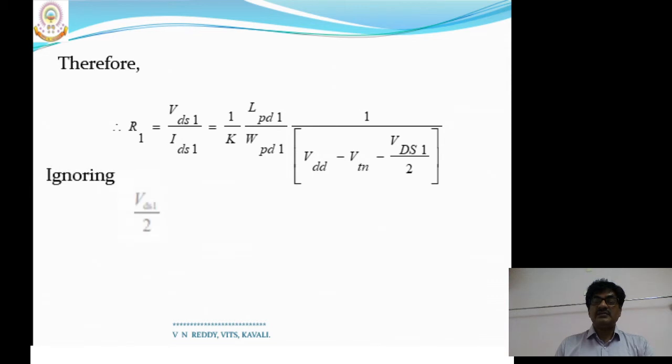With the rest of the parameters, the R1 value is expressed like this: R1 equal to ZPD1 divided by K into 1 divided by the voltage term, which is VDD minus VT. Where ZPD1 is Z, the aspect ratio, that is L by W, represented as ZPD. This is the resistance R1.